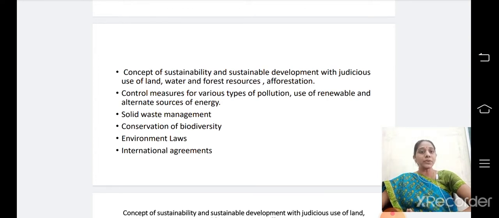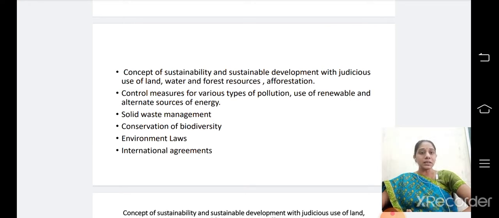Second one, control measures for various types of pollution, use of renewable and alternate sources of energy. Next, solid waste management, conservation of biodiversity, environmental laws, international agreements. All these are meant for conservation of environment.